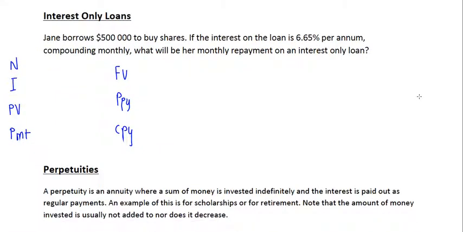I want to look at another type of loan that sometimes comes up, and that's an interest-only loan. So this is when you pay back just the interest that is charged.